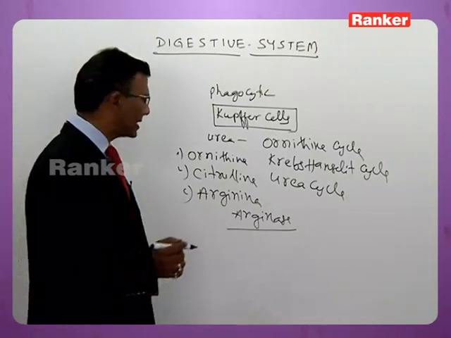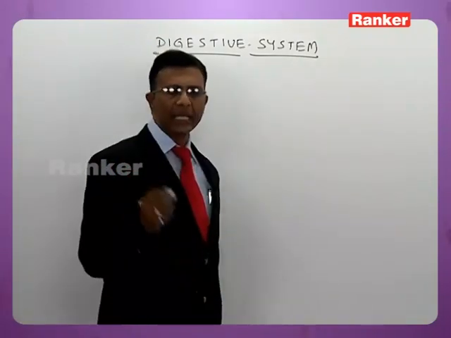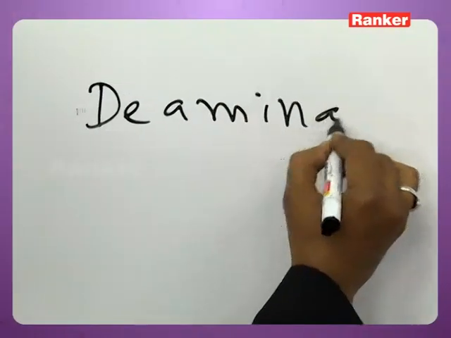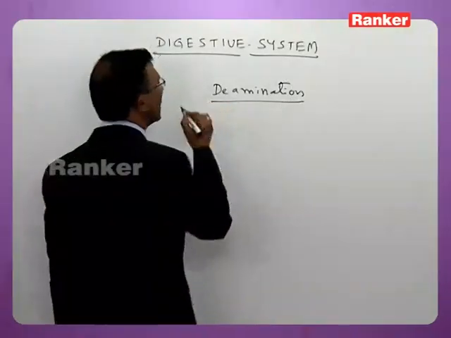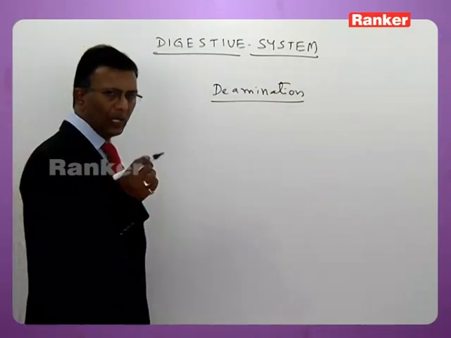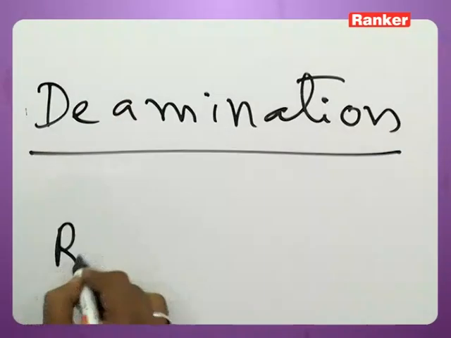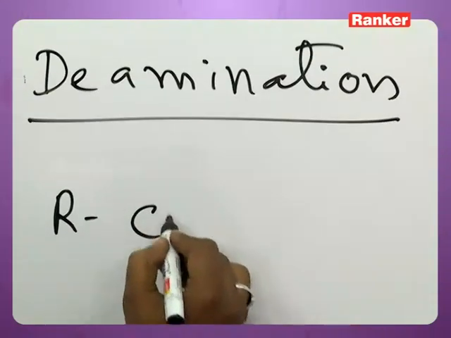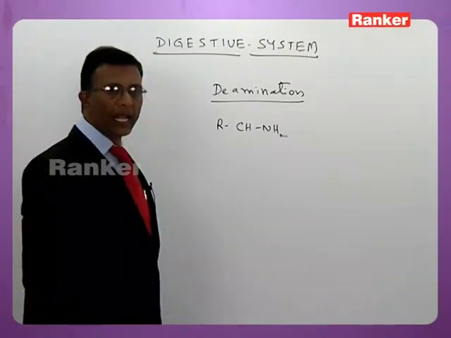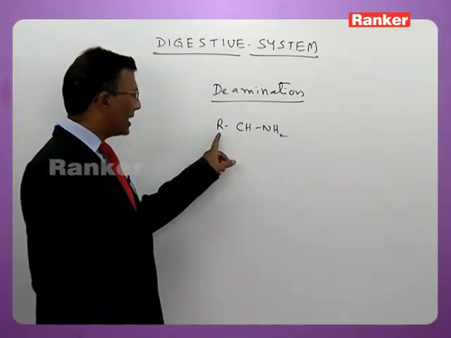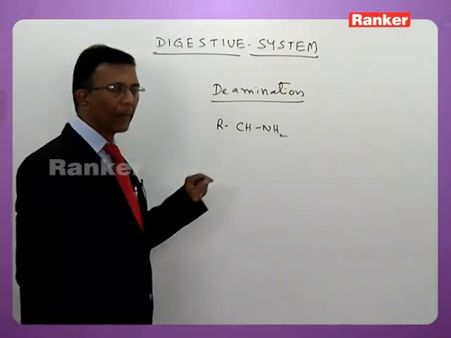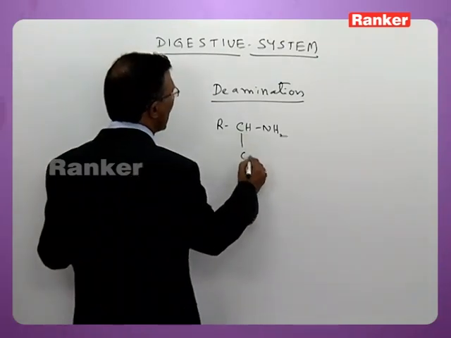Then how is urea synthesized? Urea is synthesized through a process called deamination. What is deamination? Removal of the amine group from an amino acid. I'll show you the empirical formula of an amino acid: RCHNH2. This carbon on one side has an alkyl radical group which varies from amino acid to amino acid. On the other side it has an amine group, and on one more side it has a carboxylic group.